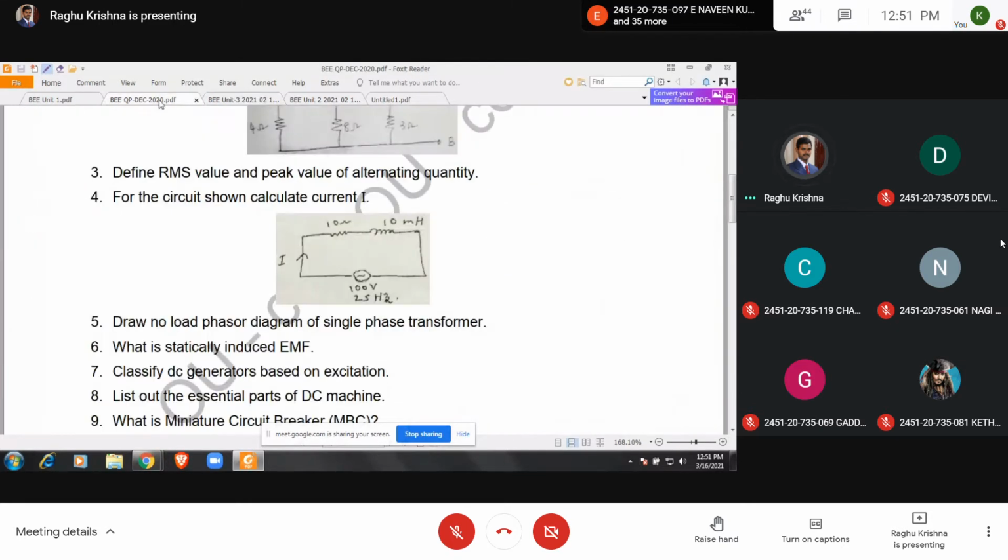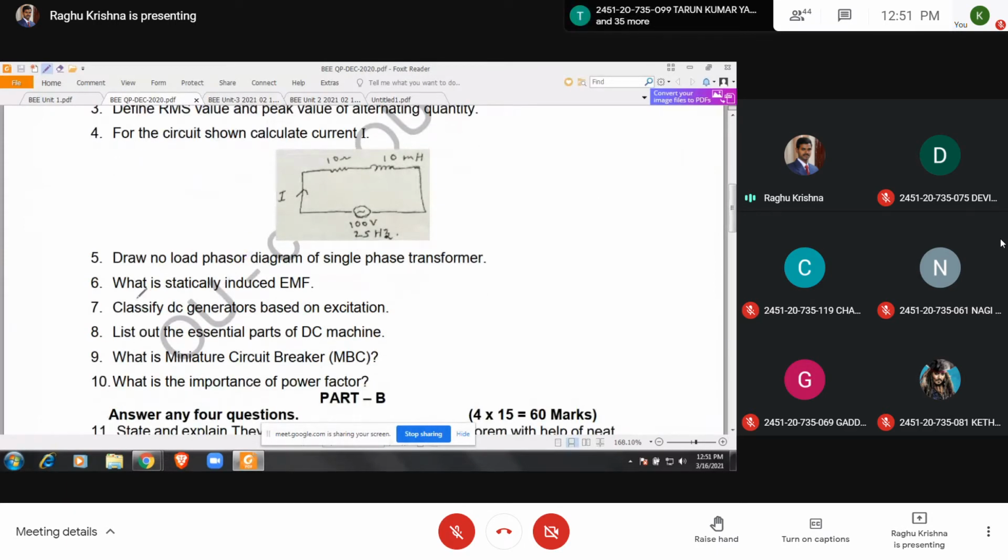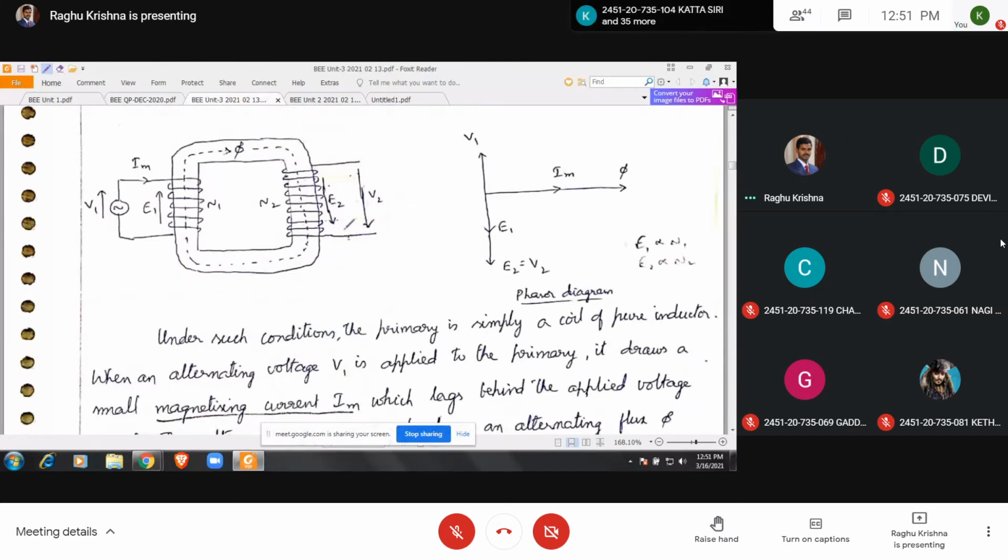So next, what is statically induced EMF? The EMF induced in a transformer is statically induced EMF.